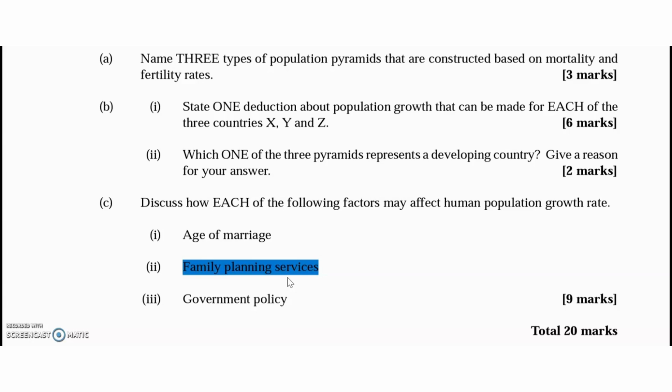Now, thirdly, let's go through government policy. When we are talking about government policy, we must bear in mind this can be conceptualized into two. We have pro-natalistic policies, which is a policy influenced by the government of that particular country in an attempt to increase the fertility rate and also to increase the birth rate, primarily because the country is associated with underpopulation or a low population number.